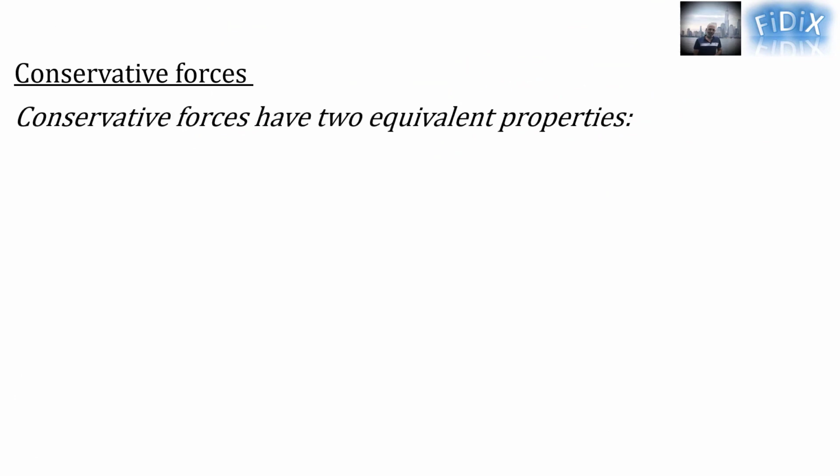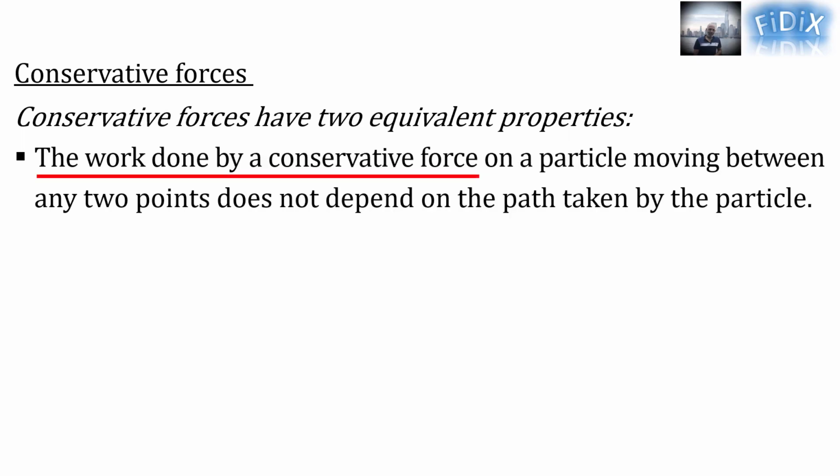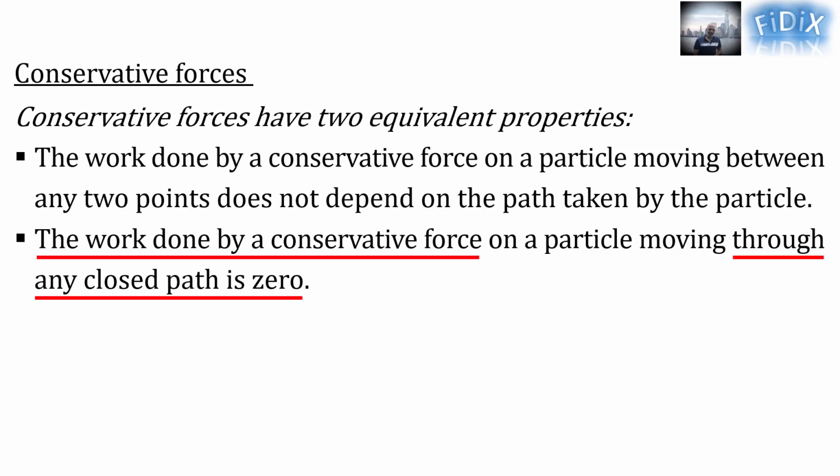Now let's talk about what we call conservative forces, which have these two equivalent properties. The work done by a conservative force on a particle moving between any 2 points does not depend on the path taken by the particle and is equal to 0 if the path is closed.